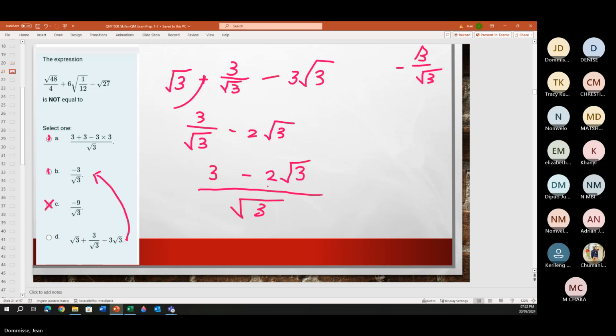So what do we need to add to this one is actually power of 3 minus 1.